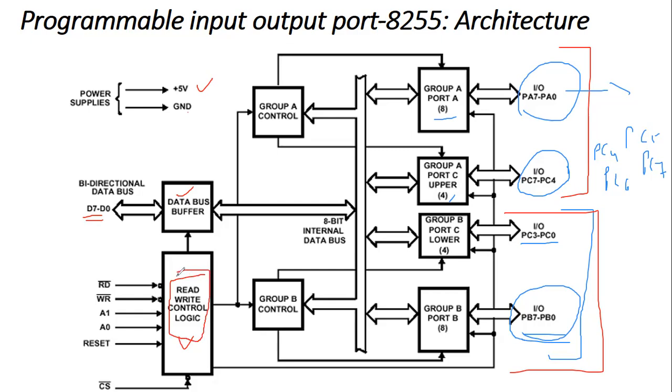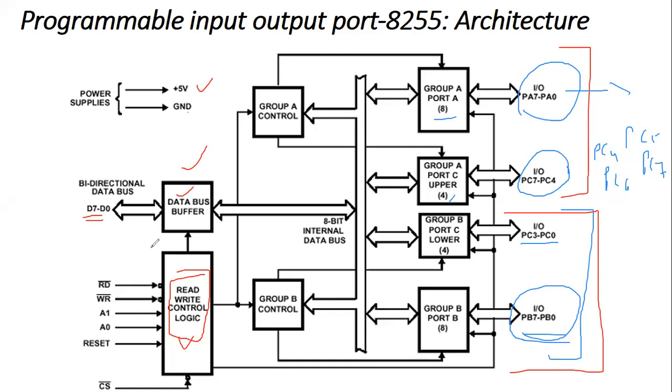It is responsible for managing all these functions. The data bus buffer is basically acting as an interface, used to interface the internal data bus. These lines are connected with the processor.